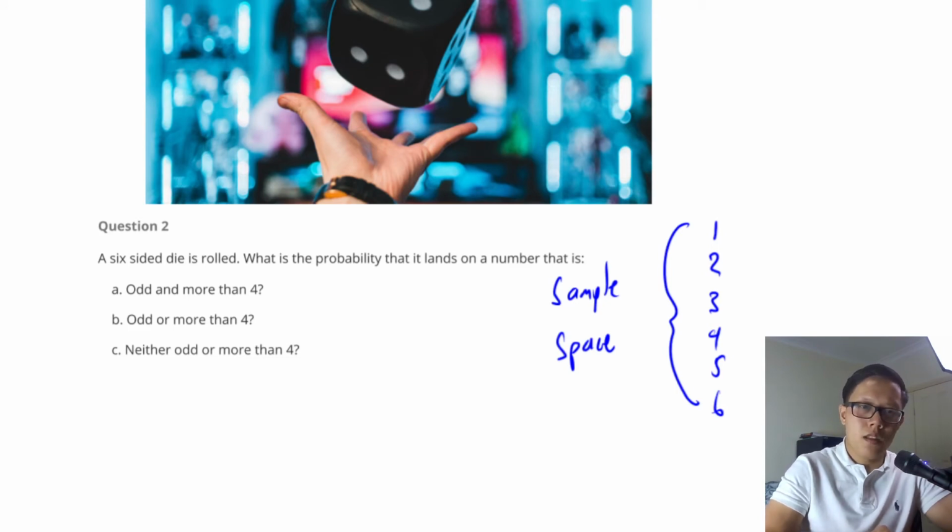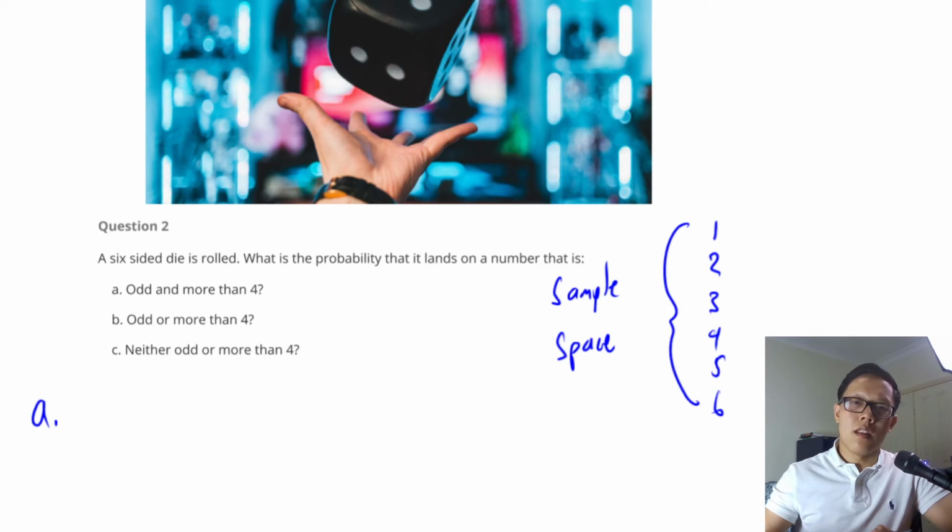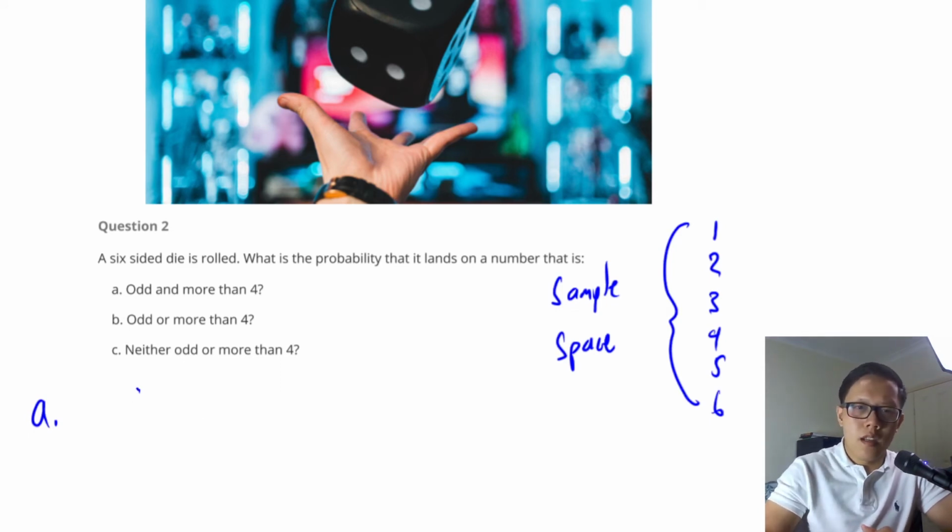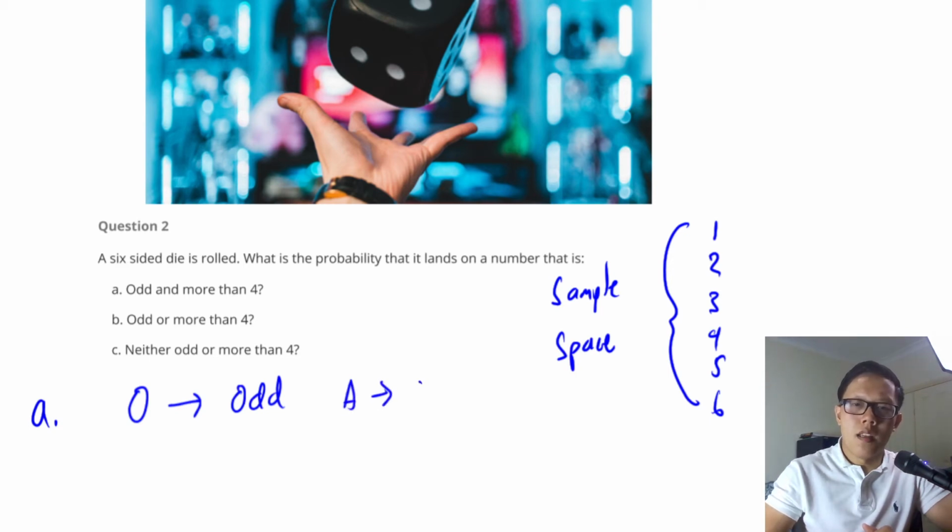So part A, what is the probability that the number the die lands on is odd and more than 4? Well, let's name our events. Our first event, O, is odd. And our second event is more than 4, so I'm just going to name that A. This is greater than 4.